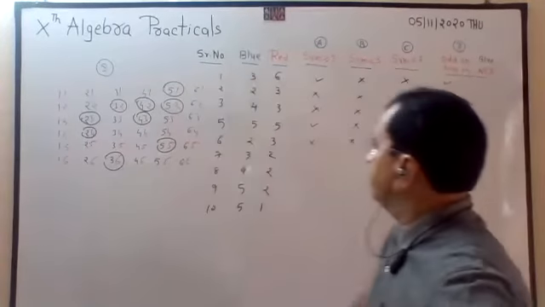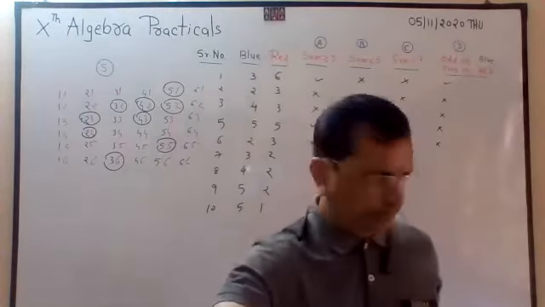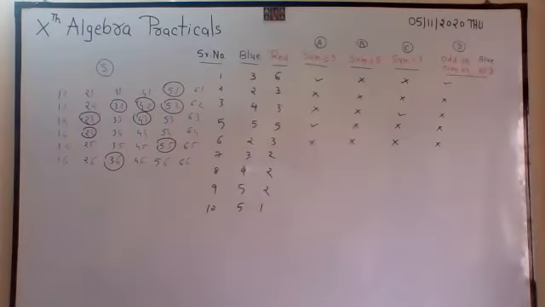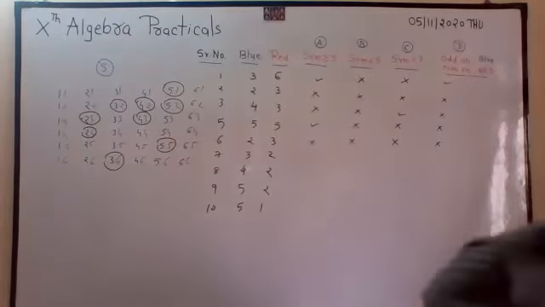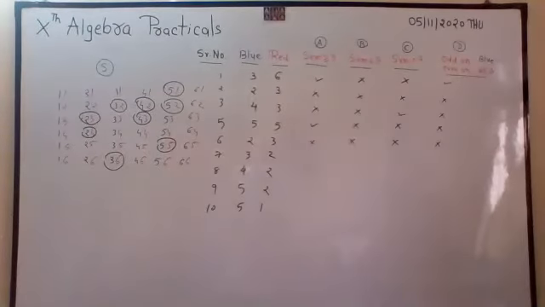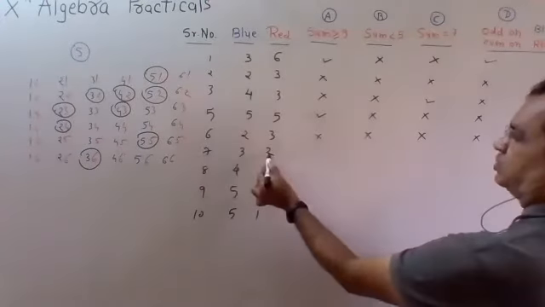The screen again got blurred. 3 plus 2 is equal to 5.